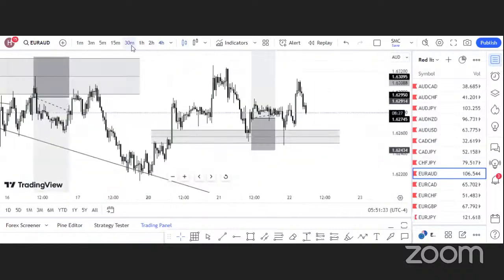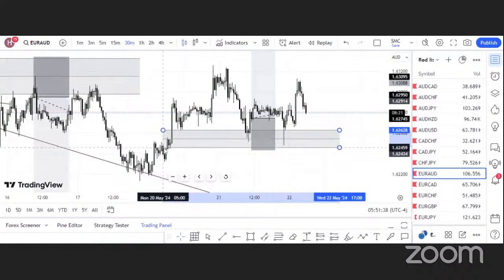So here we also have Euro AUD, and Euro AUD has been doing very well.